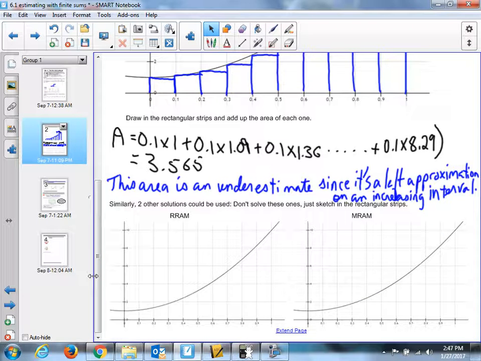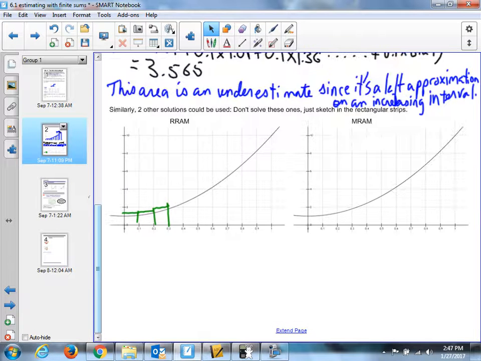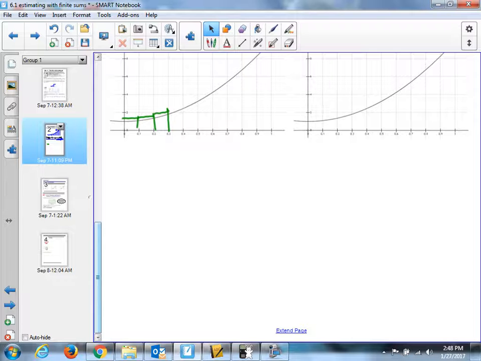And what would the rectangles look like? Well, for the RN, I go from the right side and make that my height. It's hard to draw that accurately here. I'm going to just push this up a bit. I think you get the idea.